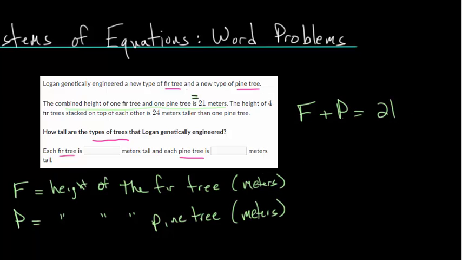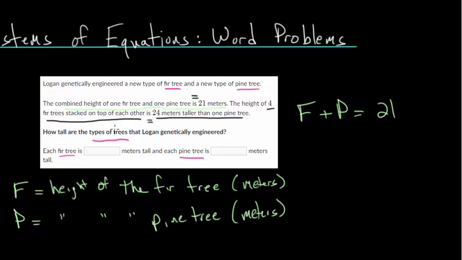Now, the next sentence is harder. The height of four fir trees stacked on top of each other, or added together, is, there's your equal sign, 24 meters taller than one pine tree. So we need to figure out how to write that as an equation. So the height of four fir trees stacked on top of each other.